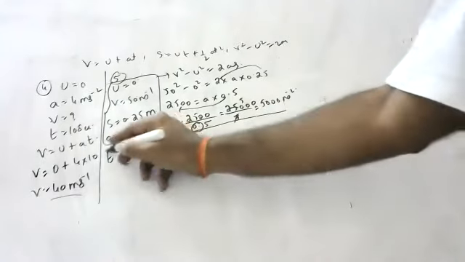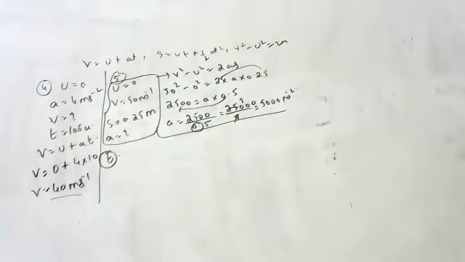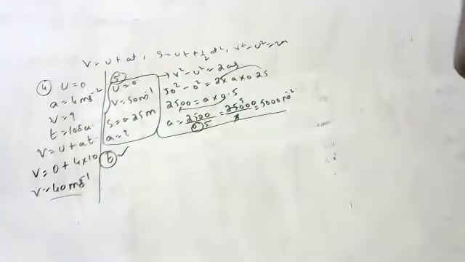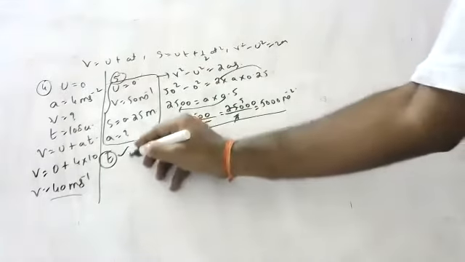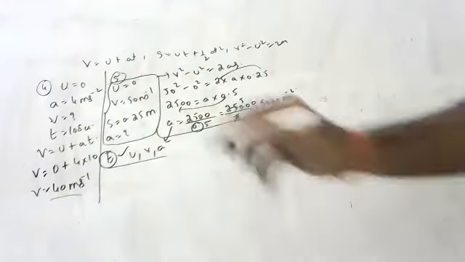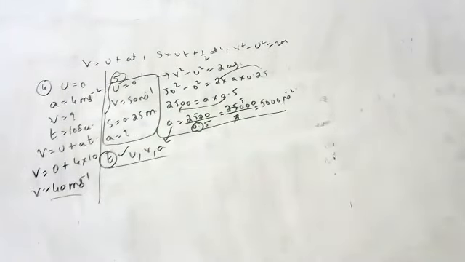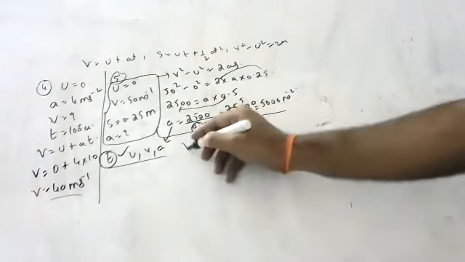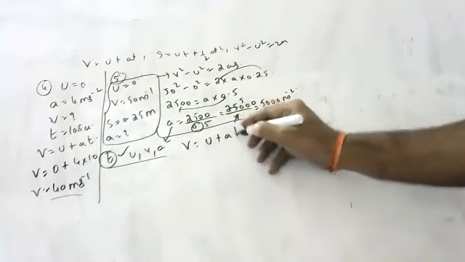Next it is asking for time. Which formula will you use? Lahari, we have u, v and a here. Srihita: V is equal to U plus AT. Can you tell how to do?